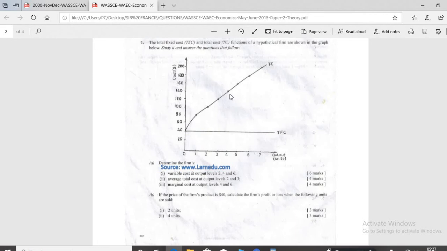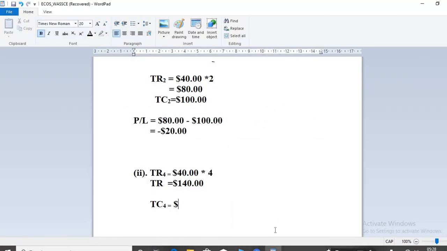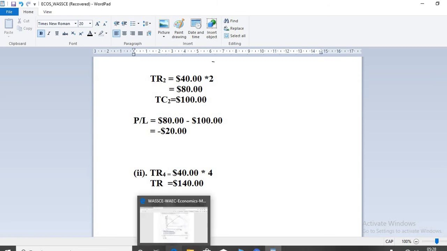My cursor is misbehaving. I hope you are with me. So the cost for producing 4 units is 140.